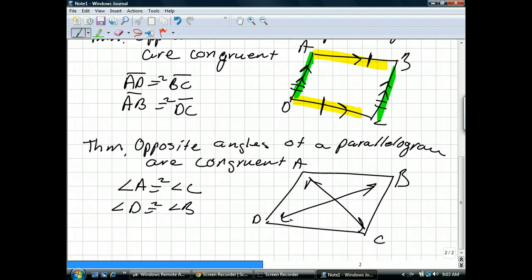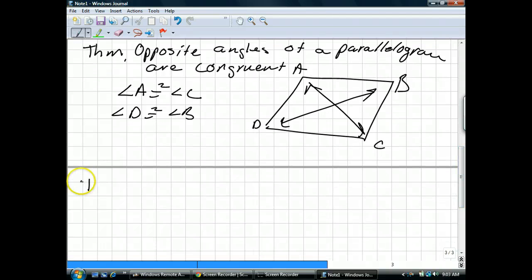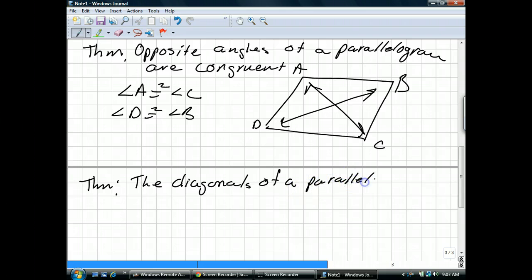Okay? And then the third theorem says the diagonals of a parallelogram bisect each other.